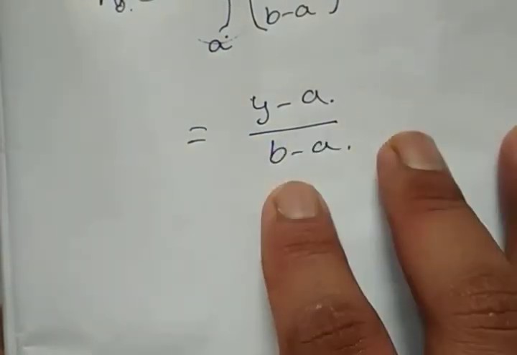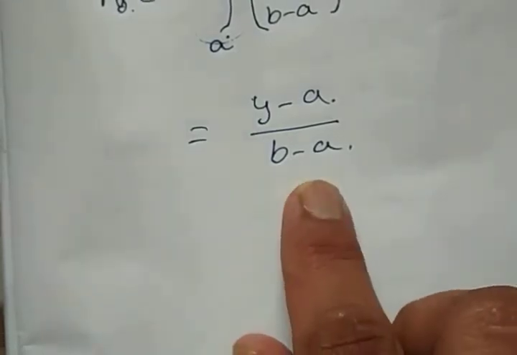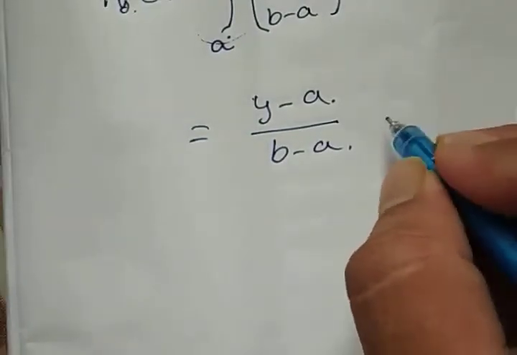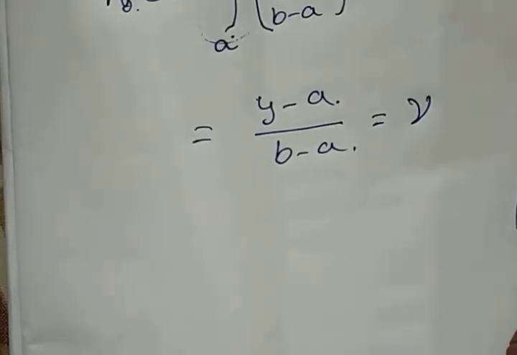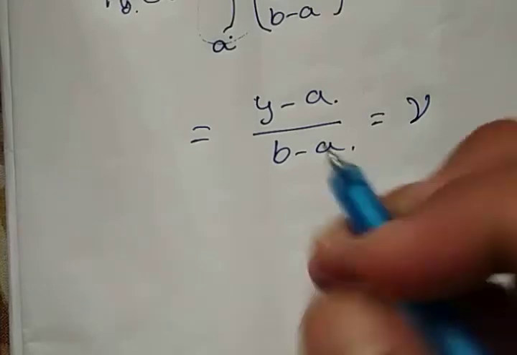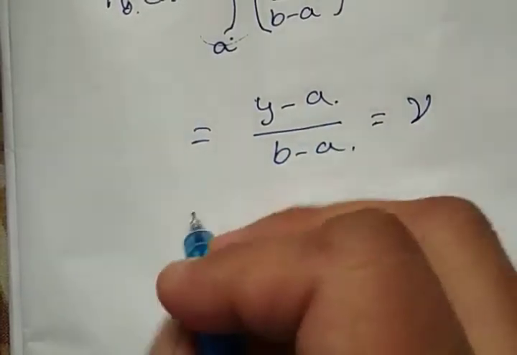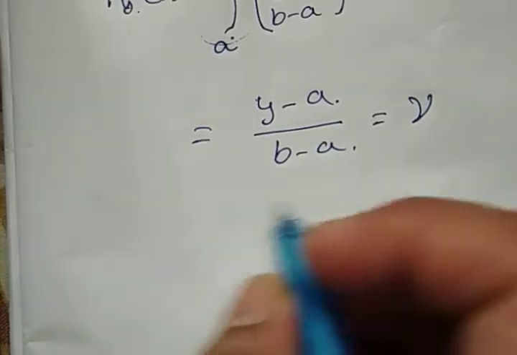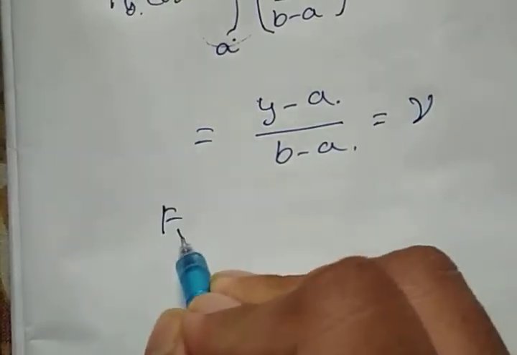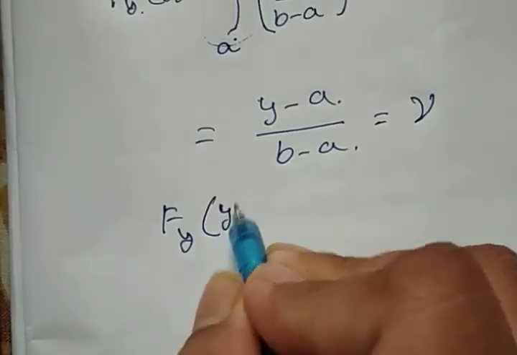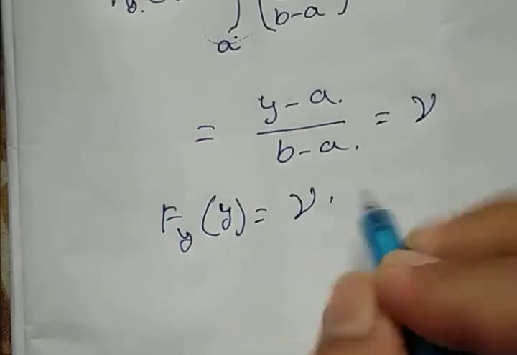Now the second step, what I mentioned in the previous video, is that this cumulative probability equals my deviate. Correct? The cumulative probability up till the point y equals my deviate v.